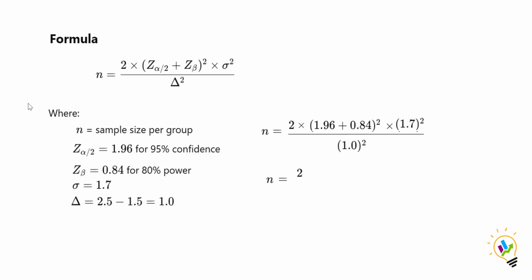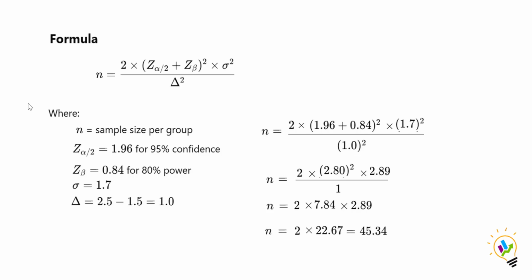So n is equal to 2 into, so 1.96 plus 0.84 is 2.8, that is a square, plus 1.7 square is 2.89 divided by 1. Now n is equal to 2 into 7.84 into 2.89, that is 22.6. So n is equal to 2 into 22.6.